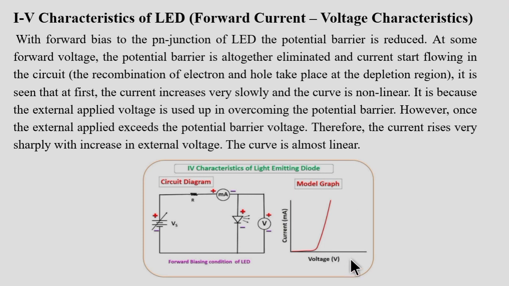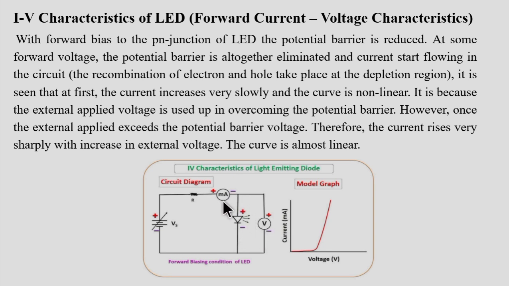After above 1 and 1.5, there will be a small increase in current. Up to that value, the current is 0 because the barrier is there. After increasing the forward voltage, the barrier goes on reducing. Here the current starts.